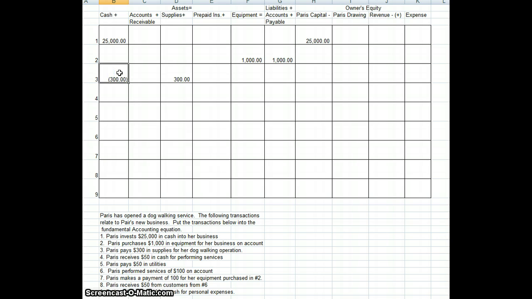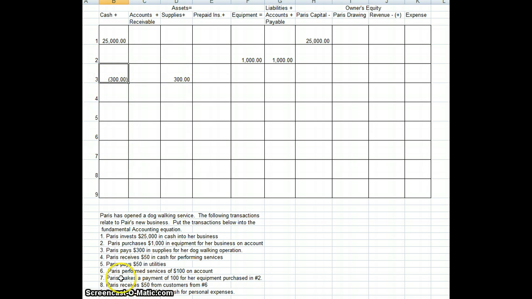You think of groceries as supplies in your house. Whenever you purchase them, the value of your cash will go down. You can see that this cash and this supply are both under assets. They're on the same side of the equation. So we have a negative and a positive so that our equation is constantly staying in balance.